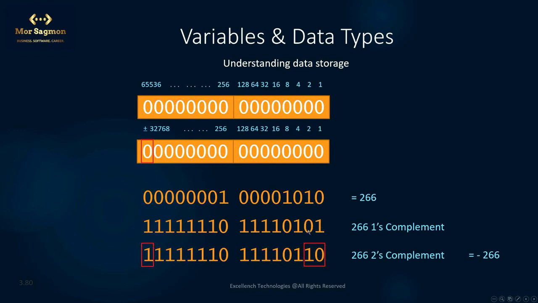So in our example, we start with the first bit, which is 1. Since it's not 0, we are continuing to the next bit from right to left, which is 0. So now we've encountered our first 0. So what we do now is that we flip that 0 to 1 and the previous 1 to 0.